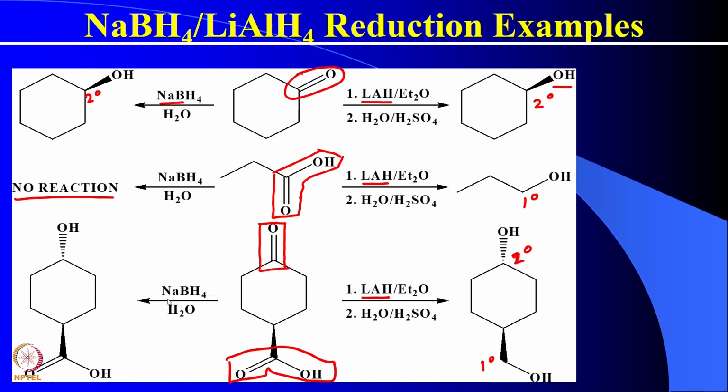But if we used sodium borohydride, that would only reduce the ketone and form a 2 degree alcohol, and this acid remains intact. So this is how one can choose an appropriate reducing agent to selectively reduce one of the carbonyl groups from the set of carbonyl groups present in a molecule.